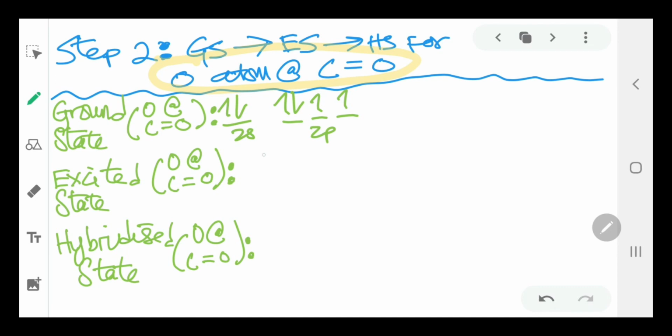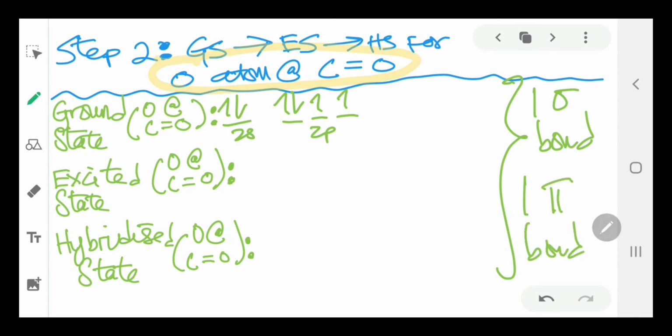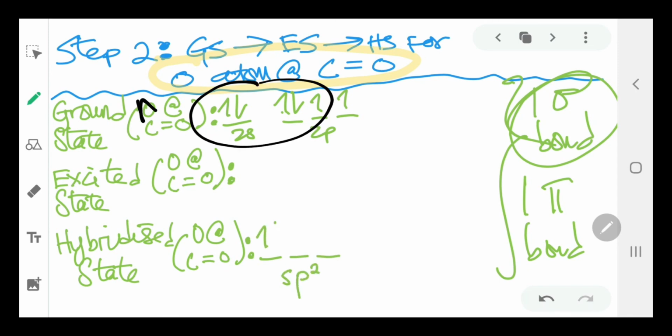So you don't have to do anything for the excitation. Remember, it needs 1 sigma bond and 1 pi bond. For the sigma bond, you mix 1, 2, 3, so that one is sp2. 1, 2, those are the lone pairs, and 1 unpaired electron for sigma overlapping.